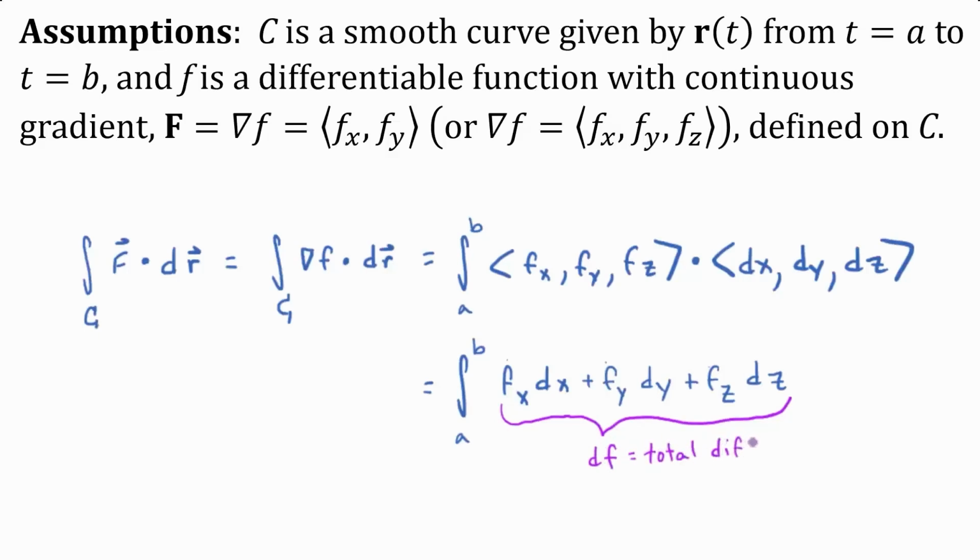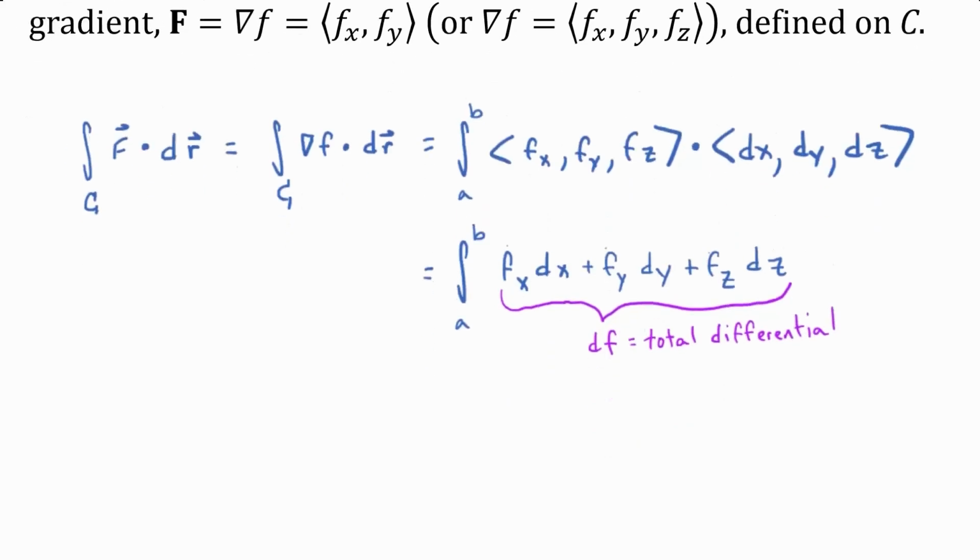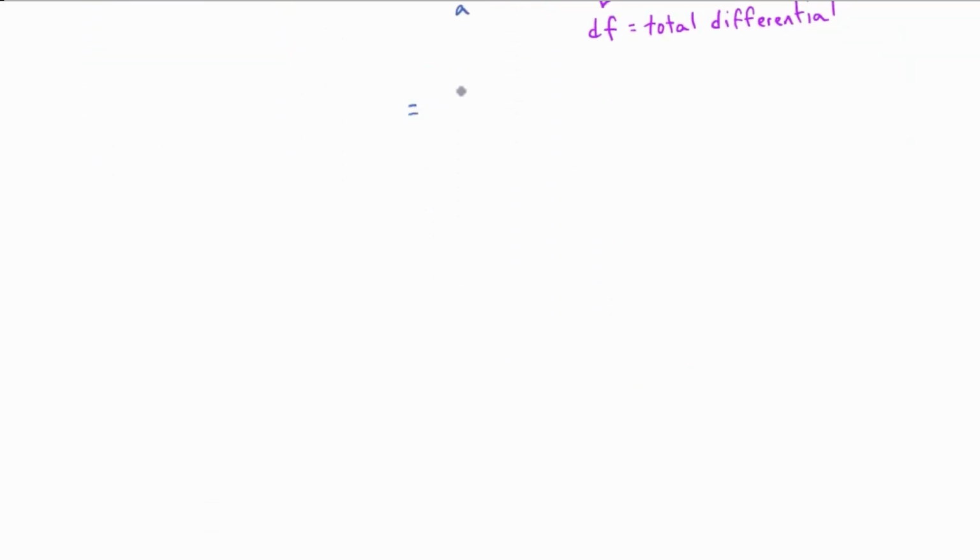But it only works to write it this way, it only is the total differential if F is conservative. So I'm actually going to rewrite the integral as the integral from a to b of df. Now that doesn't tell me much, so let's put in the differential dt, and we know that the differential behaves algebraically.